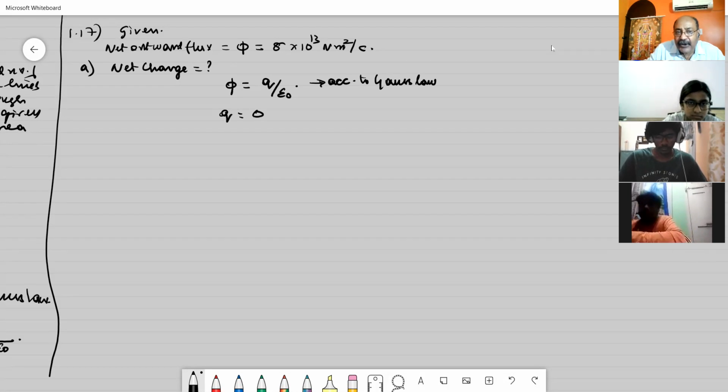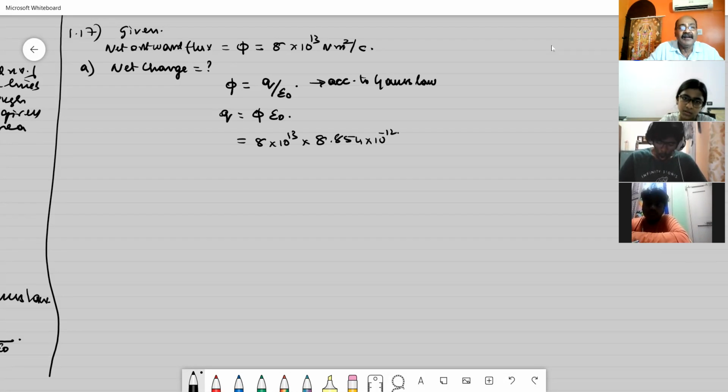What is Q? Q is equal to phi into epsilon 0. What is phi? It is 8 into 10 to the power of 13 multiplied with 8.854 into 10 to the power of minus 12. The power given is 3, so okay, let us take it as 3 then.